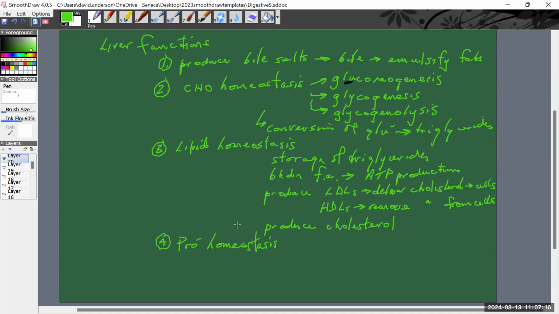So they can remove that amine group from the amino acid, and that then allows that amino acid to be either converted to glucose, gluconeogenesis, or converted to pyruvate, or converted to acetyl coenzyme A. In either of those second two cases, pyruvate or acetyl coenzyme A, they're going to be available as the substrate that we need to make ATP in the Krebs cycle. Right? Does that make sense? Yeah.